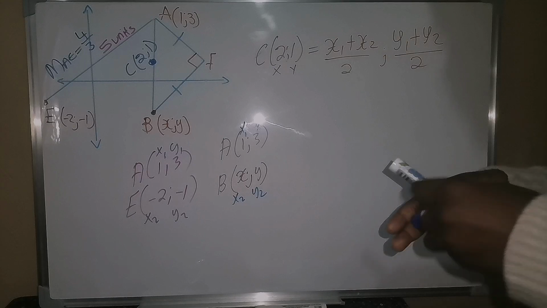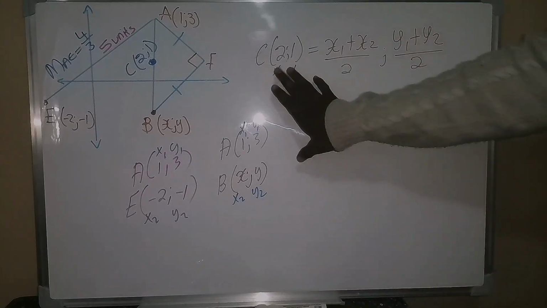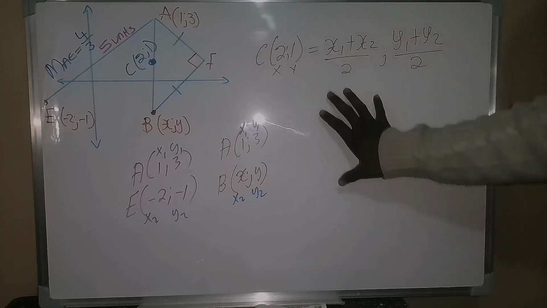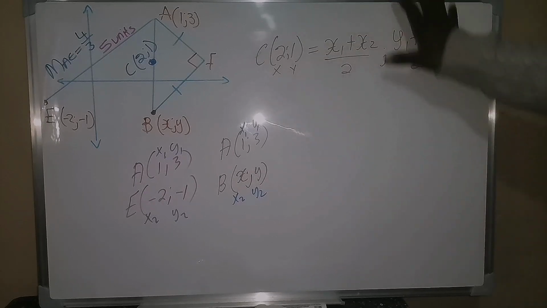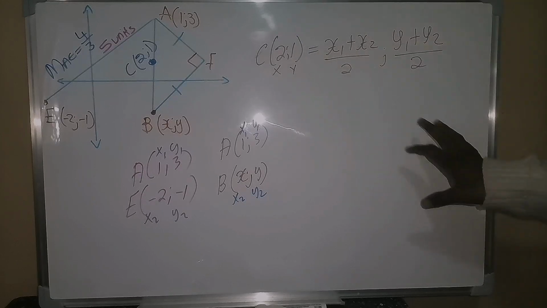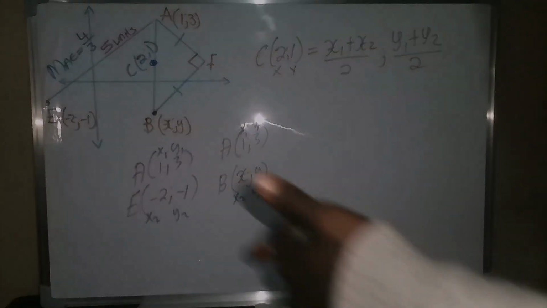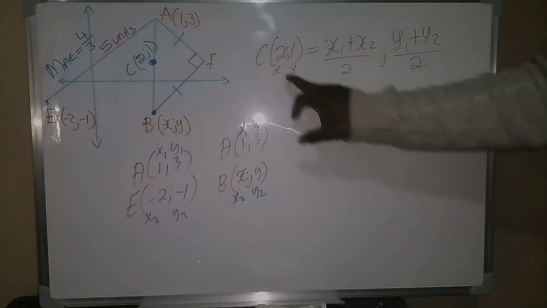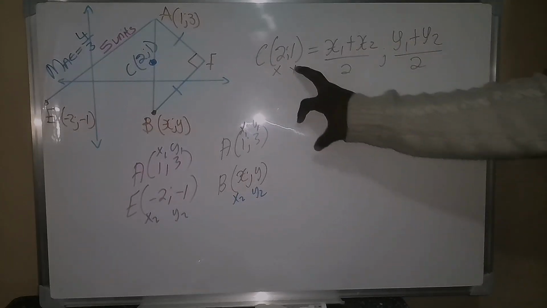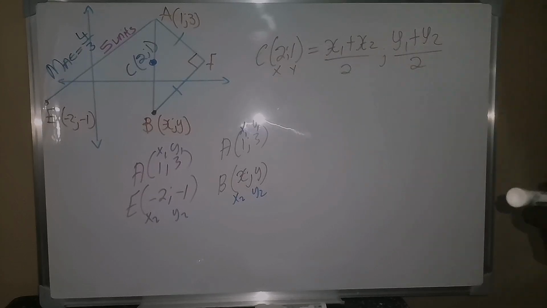Forget about the coordinates of the midpoint when labeling. For x, you put 2 on the left, and for y, 1 on the left.